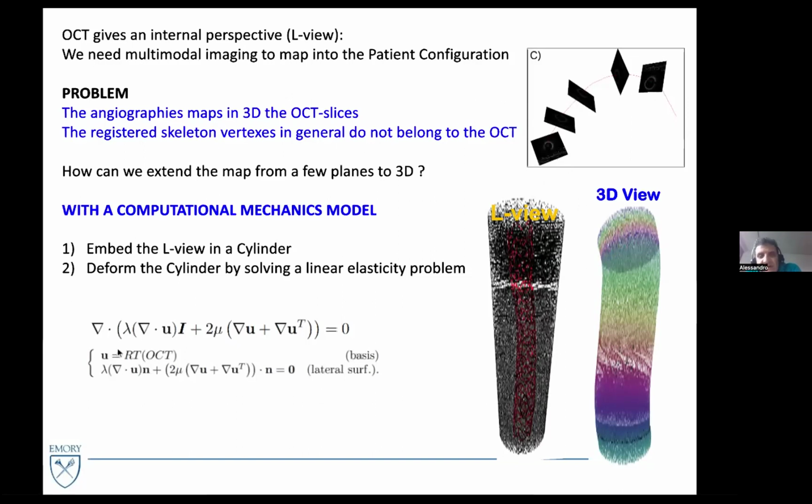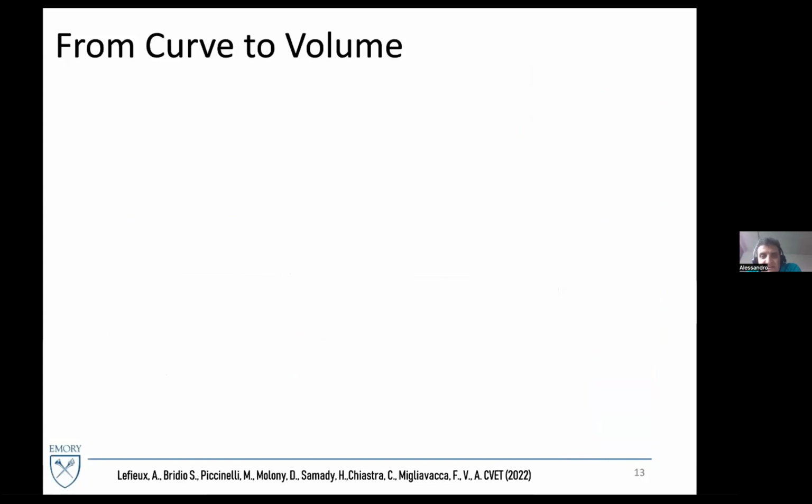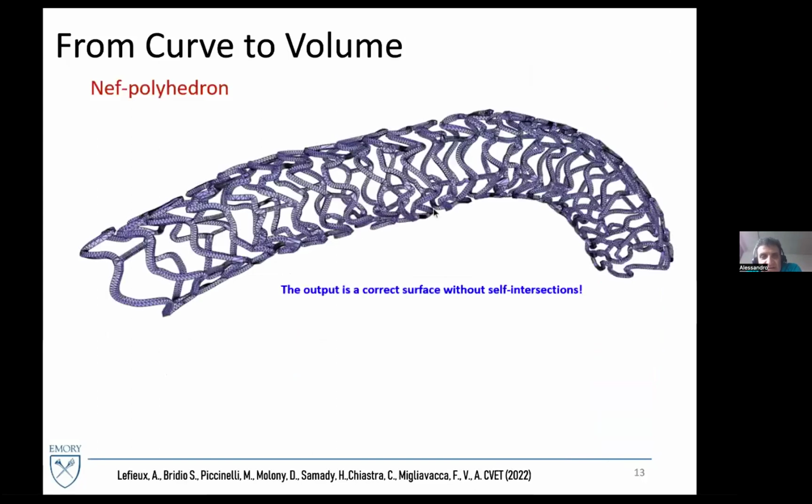So we solved a linear elasticity problem using the OCT as a sort of boundary conditions for some sections of each cylinder, and then some Neumann conditions and lateral conditions. So we did a sensitivity analysis to show that the parameters we were selecting were not so important for the final results, but in this way we were able to construct a 3D structure, a 3D structure of the skeleton.